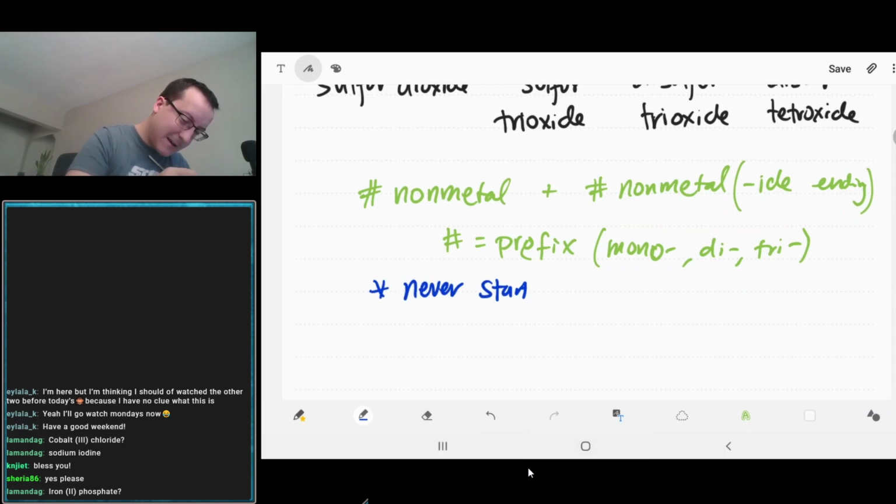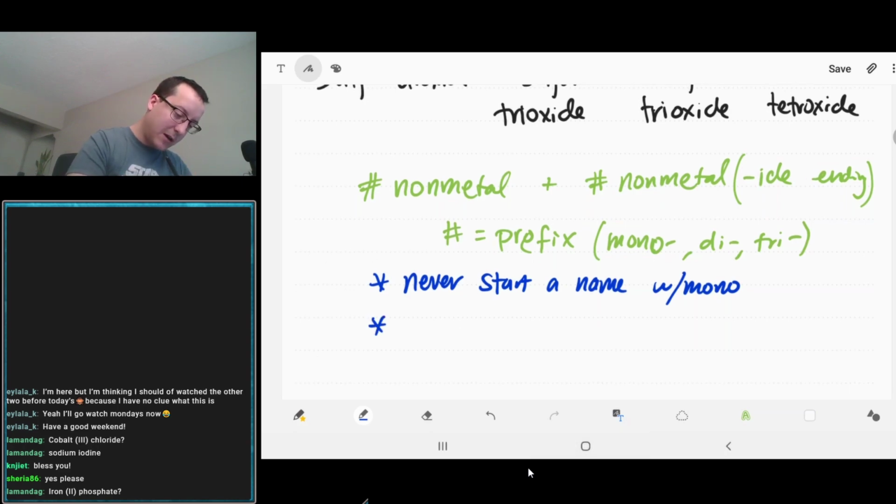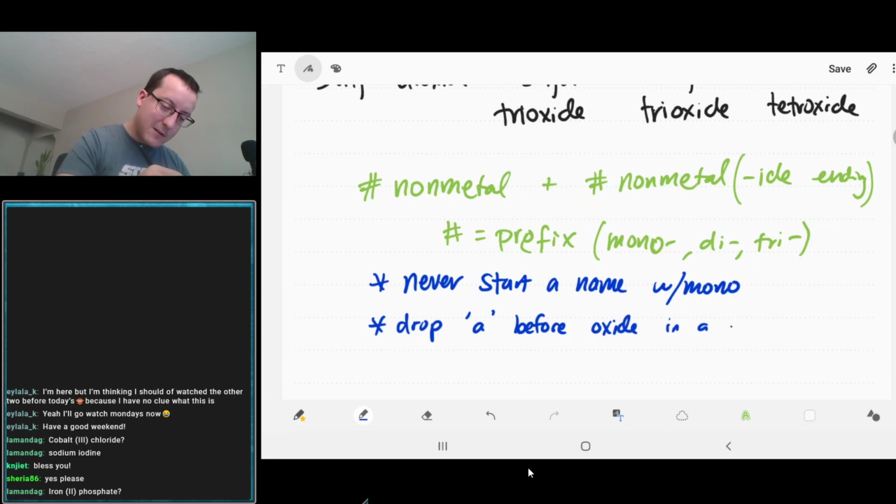Never start a name with mono, and we drop the A before oxide in a prefix.